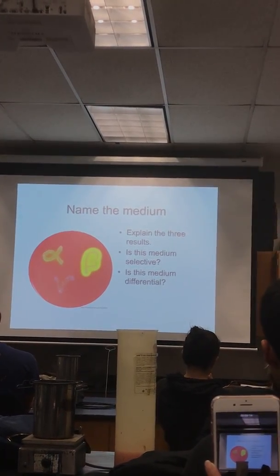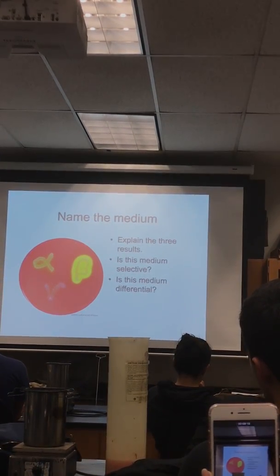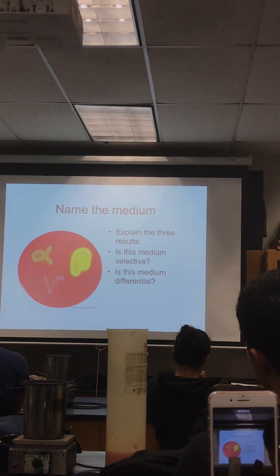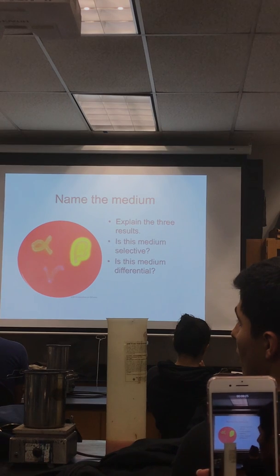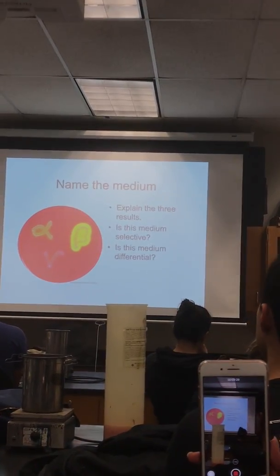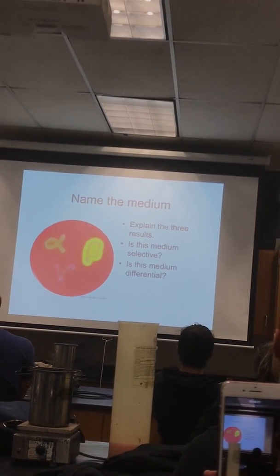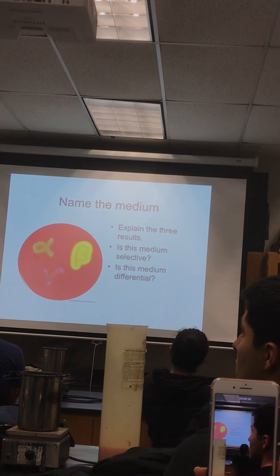Is the medium selective? Differential. Right, it's enriched and differential. Selective means that it keeps something from growing. This is enriched. It has the extra nutrients. Lots of things like to grow on it. And it's differential for? What does it differentiate between?